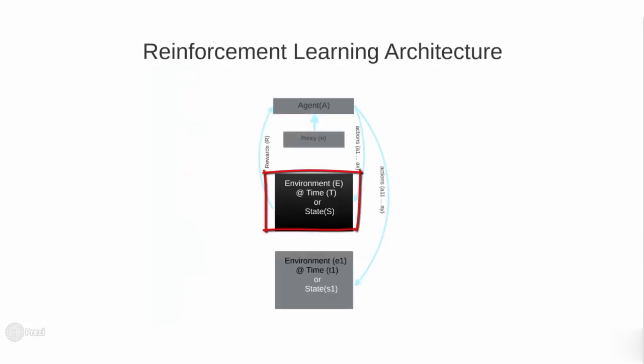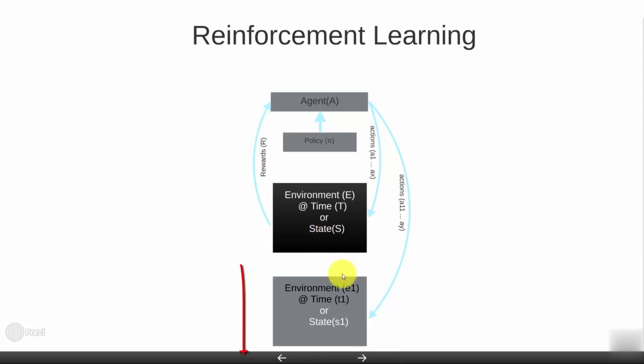We have an environment E at a time t, we have an agent A, we have a policy, and we have actions and rewards. Then we also have another environment E1, which is basically iteration of E, or the next frame after this state S. So the agent takes a set of actions on the environment at time t.